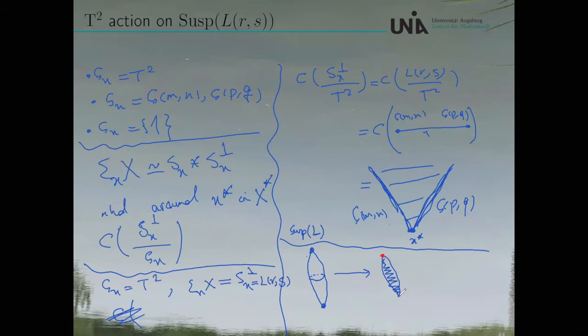There are 2 fixed points going to 2 points on the boundary, and these 2 fixed points are connected by an arc that I give the weight GMN, and another arc that I give weight GPQ.